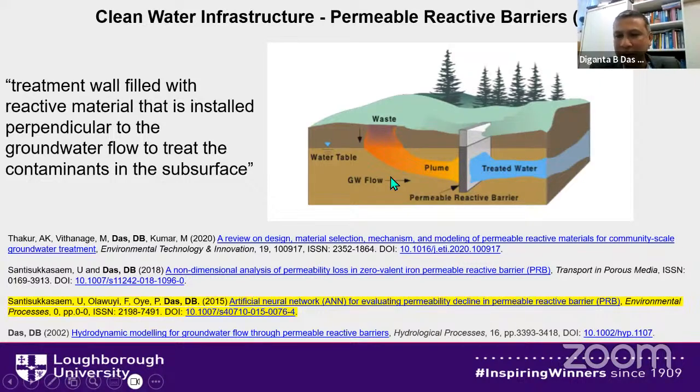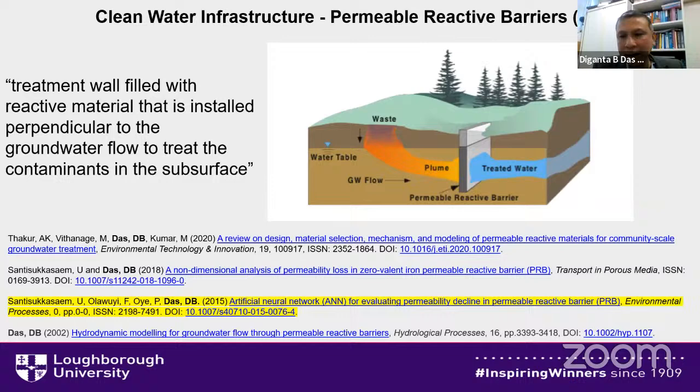So groundwater obviously is contaminated, and it flows, as you see, because of the natural hydraulic gradient. What we try to do is put these reactors, that's the concept, in front of the groundwater flow path, so that as it flows through the reactor, the contaminants are also treated.